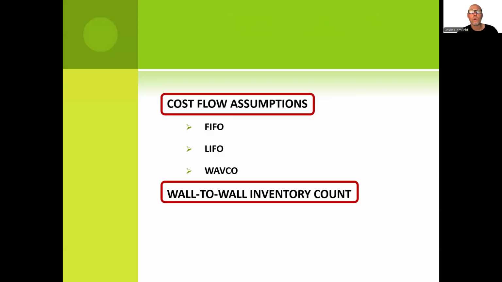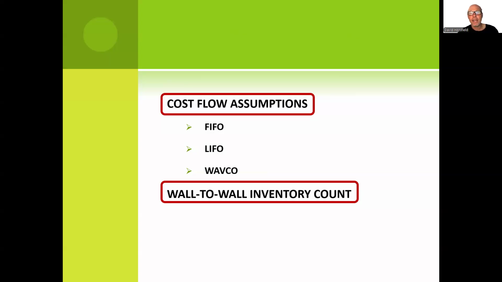And later on in the course, we're going to unpack something called cost flow assumptions, which is where you just make an assumption that everything happens in the same, consistent way. Those different cost flow assumptions have some little abbreviations to go with them called LIFO, FIFO, and WAVCO. We're going to unpack those later.